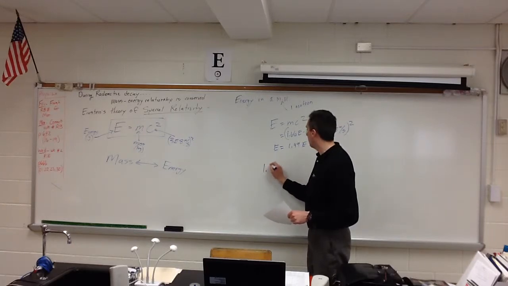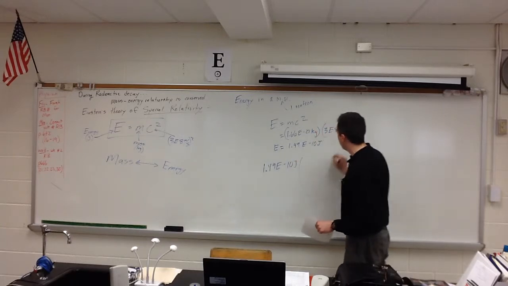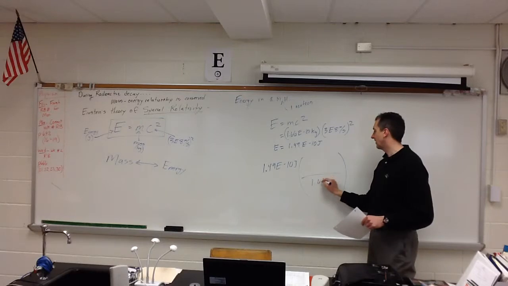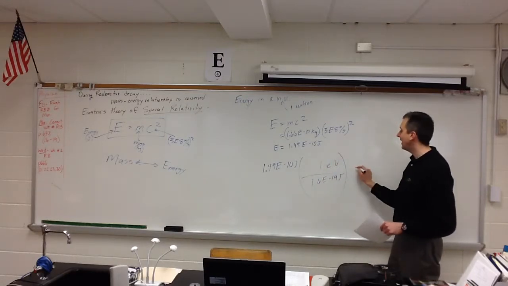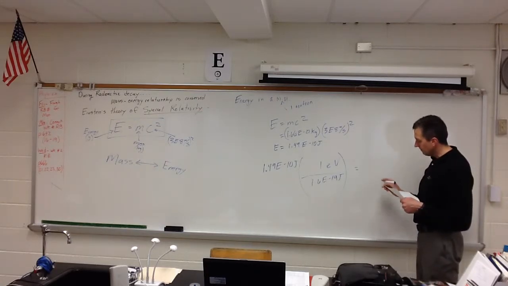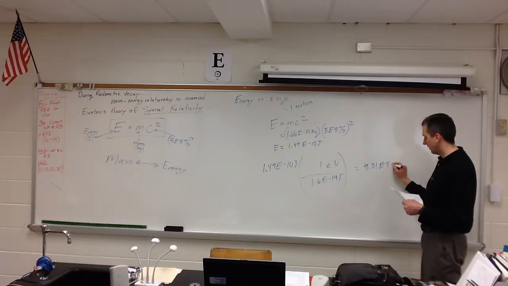If we take 1.49 E negative 10 joules, and convert it into electron volts, remembering that 1.6 E negative 19 joules is 1 electron volt, if I divide, I'm going to get 9.31 E8 electron volts.